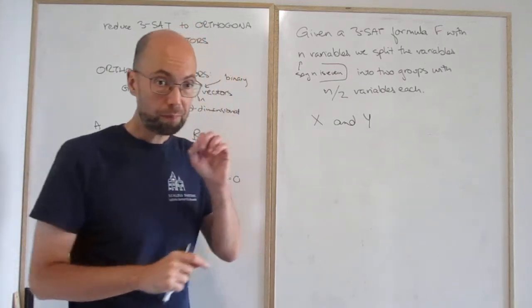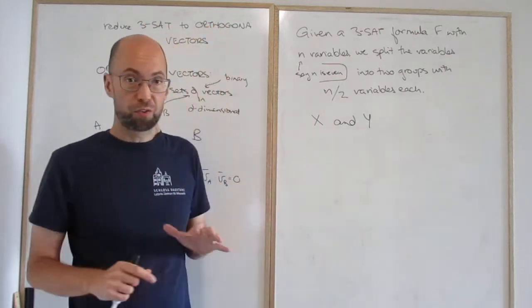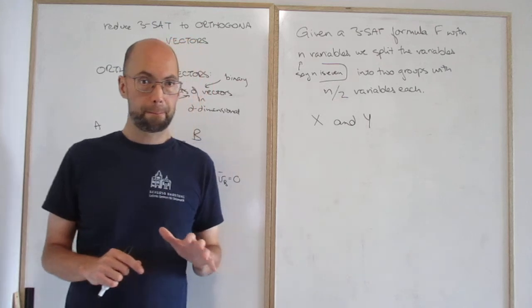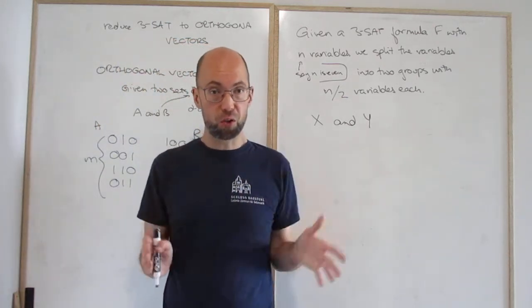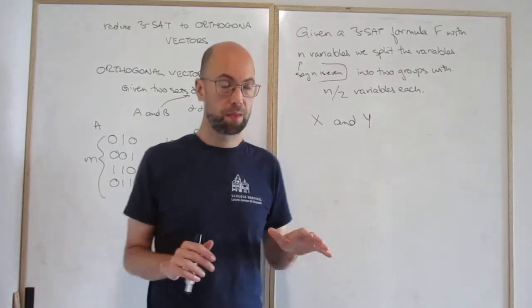Now, what we're going to do is take the variables in group X and consider all the possible truth assignments to those n over 2 variables. All of them, okay?